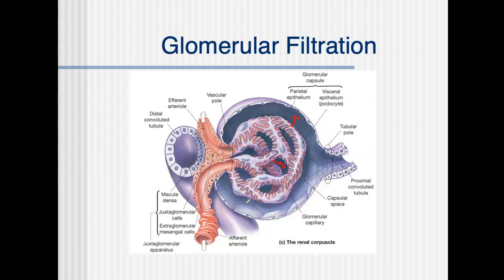Okay? All of it is coming in here, and then it's going to go on to the second section. And the second section has a name. It's called the proximal convoluted tubule. Okay, proximal because it's closest, convoluted because it really does take a lot of twists and turns, and it's a tubule because it's a tube.